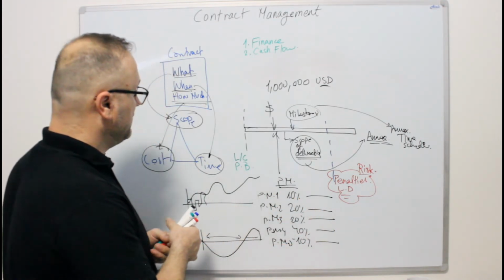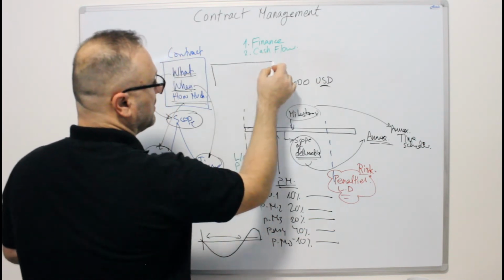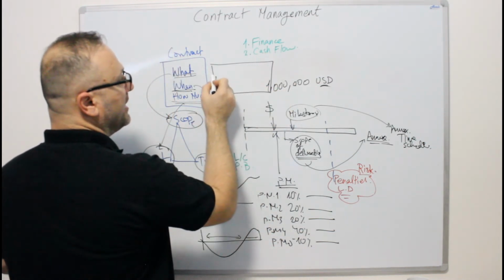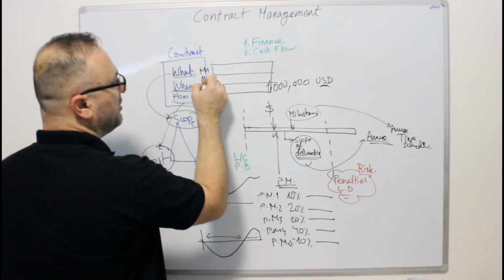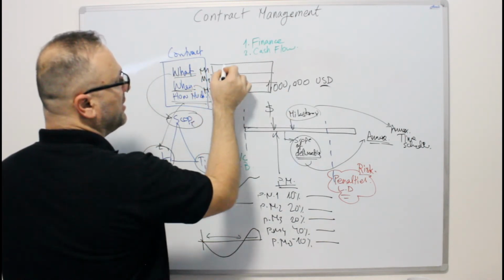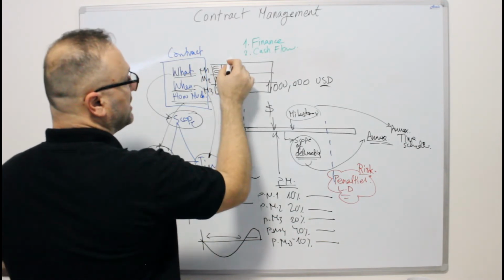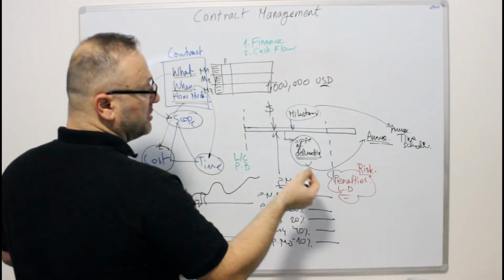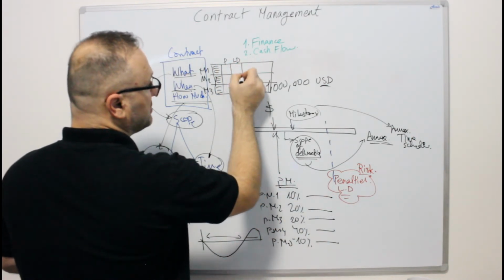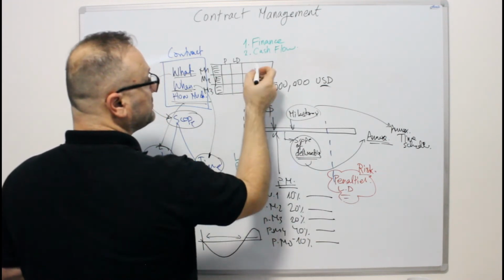You divide it into month 1, month 2, month 3, you specify your milestones, and you say whether it's a payment milestone, yes or no. Then you say whether it is an LD milestone, that is liquidation damage, yes or no.